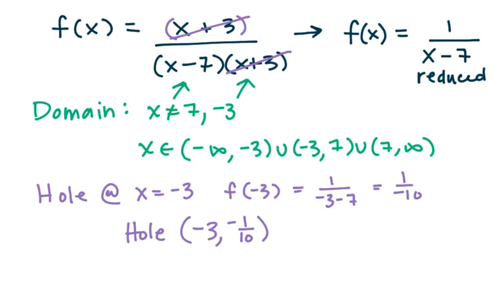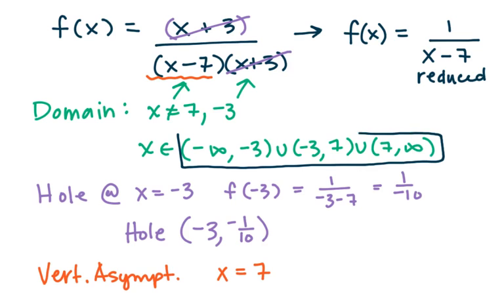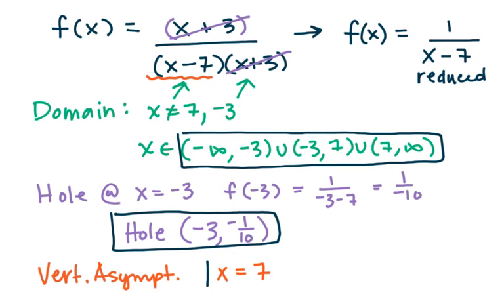So that means the piece that was left, my undefined value that was left, x minus 7, that is my vertical asymptote. And so my vertical asymptote, it is the equation of a vertical line, is going to be x equals 7. So if we're looking for our answers, we have the interval for the domain. We have the ordered pair of where our hole would occur, and the equation of an invisible vertical line, which represents our vertical asymptote.